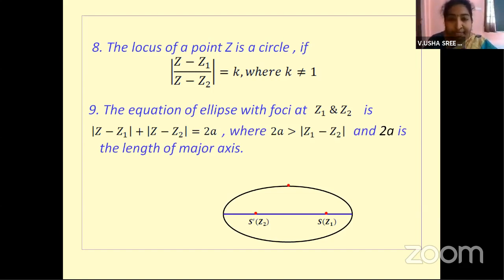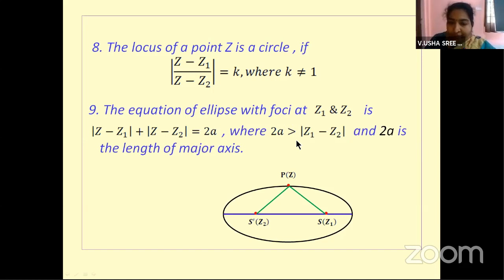So here, I am taking a point P on the ellipse. If you join S to P, it gives SP and S dash P. Now, SP is given by mod of (Z minus Z1), and S dash P will be given by modulus of (Z minus Z2), isn't it? So, SP plus S dash P is nothing but 2a. And what is this condition telling you?